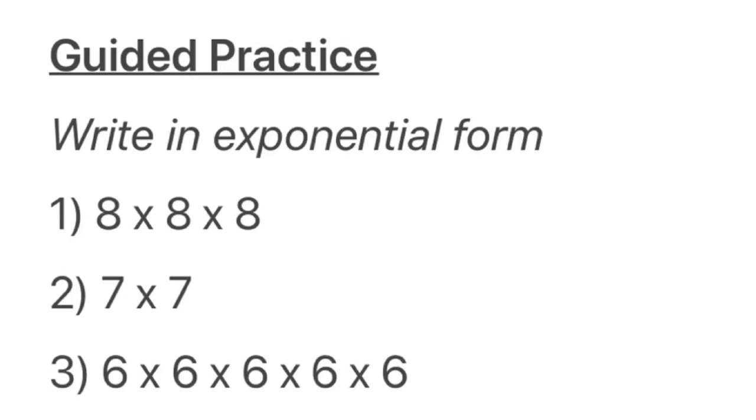So hopefully everybody got a chance to try number 1, and we think this is pretty easy. The number that we are multiplying is 8, and there are 3 8s, so this is 8 cubed. Pause the video and try number 2 on your desk. So number 2, we are multiplying 7, and we have 2 of them.